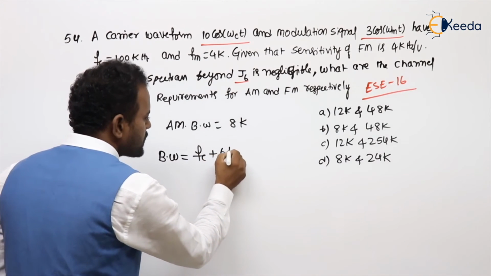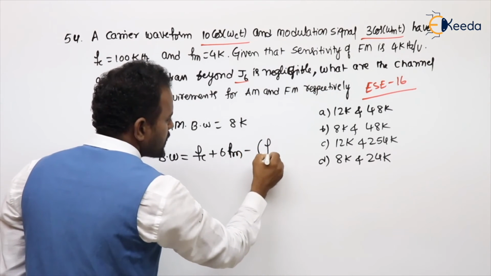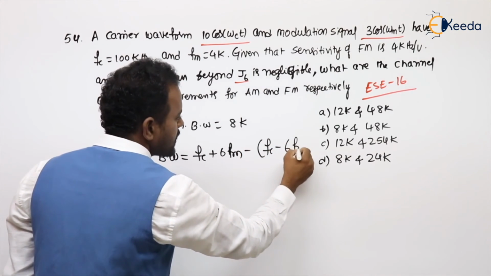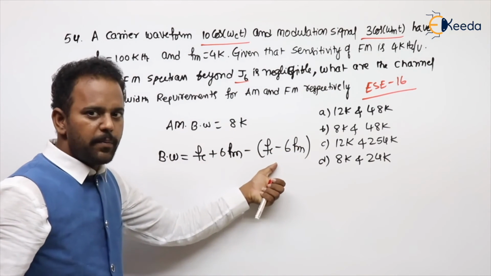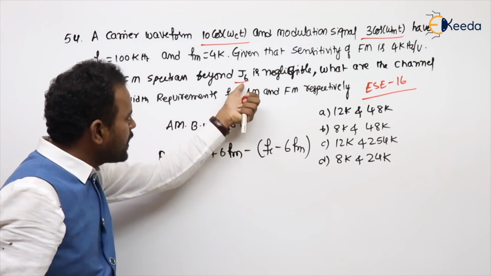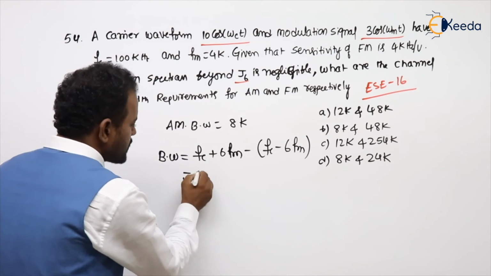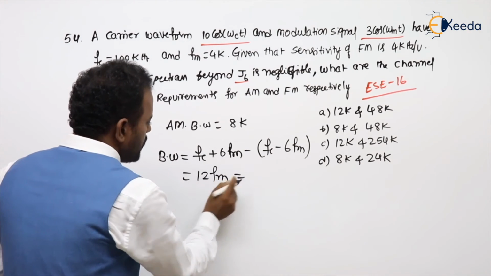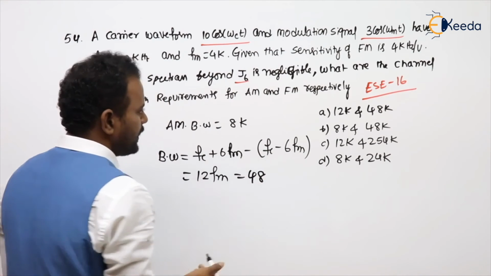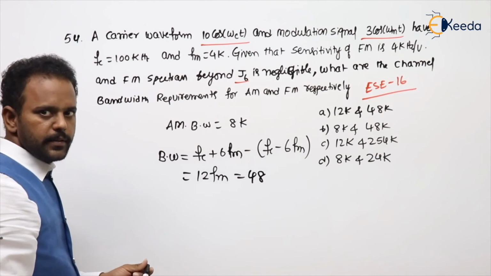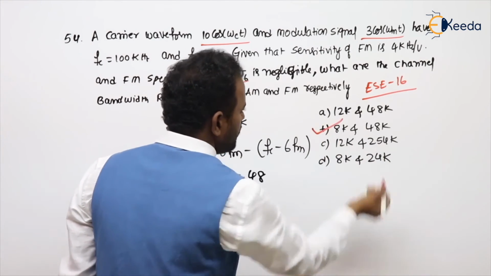Highest is f_c plus 6 f_m up to J6, minus lowest, which is f_c minus 6 f_m. Upper sideband, lower sideband. Why did I take 6? Because after J6 it is negligible. Then what comes? 12 f_m. What is the f_m value given? 4. 12 fours are 48. See how the logic we did now. So option B.